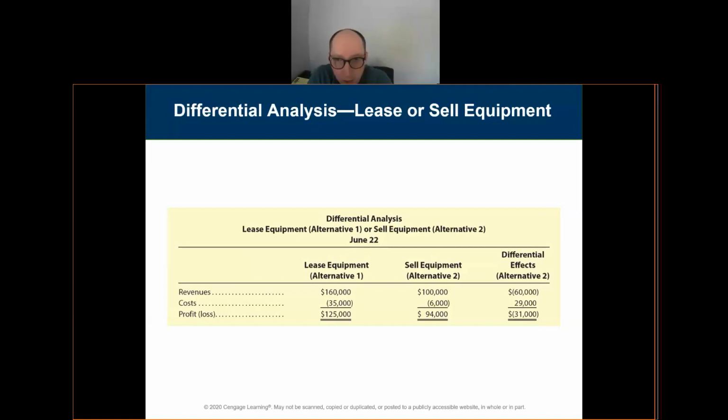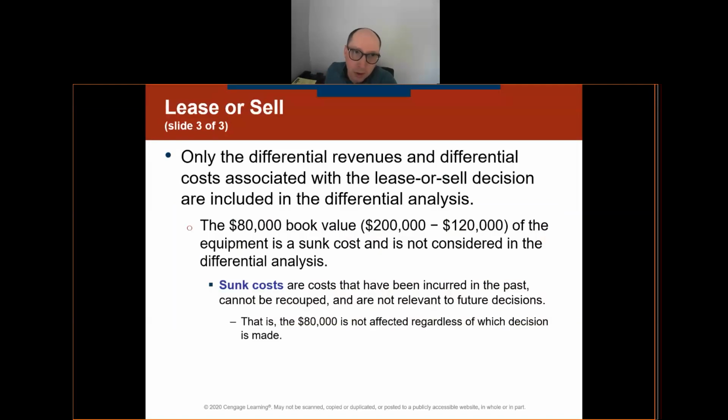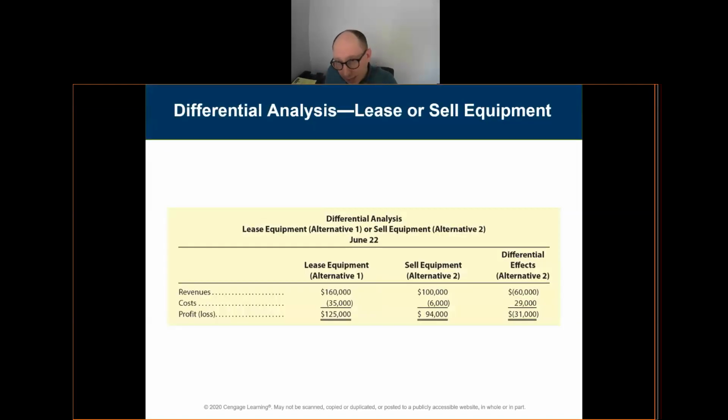So this is a good analysis. It's not quite complete, because at this point you would actually want to subtract out the book value. But to keep it simple, this is a good differential analysis.